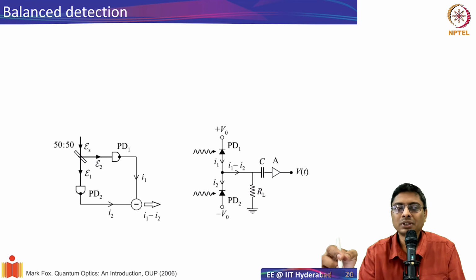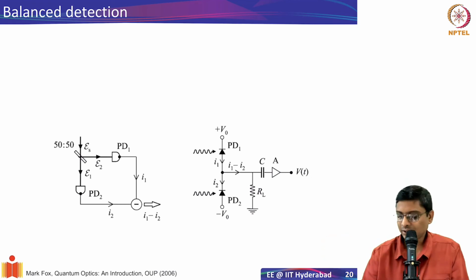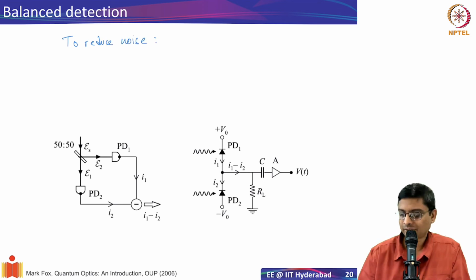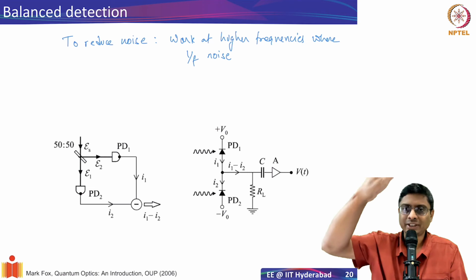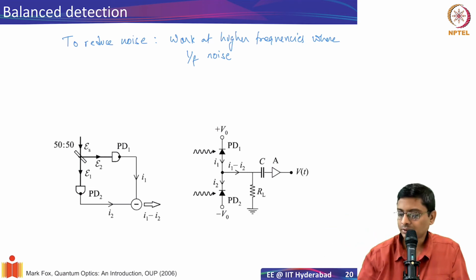One of the key issues here is the noise, so we want to reduce the noise. To reduce noise, the first approach we have seen is to work at higher frequencies, where 1/f noise is absent. 1/f noise means classical noise: initially there is high noise and then it drops as a function of frequency.